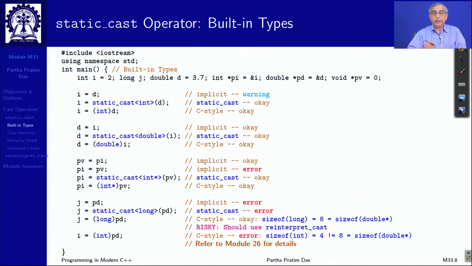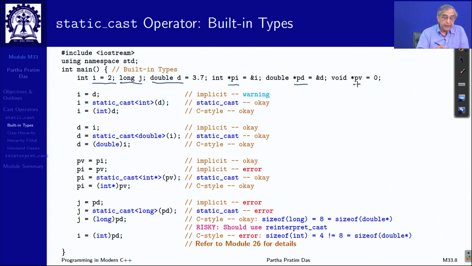We will start with extending the example of built-in type casting that we had seen in C. Note i is an integer, j is a long, d is a double, and I have pi, pd and pv as three different pointer types.